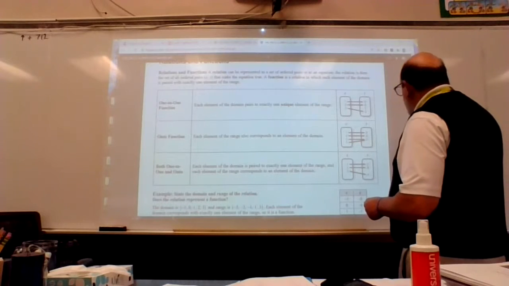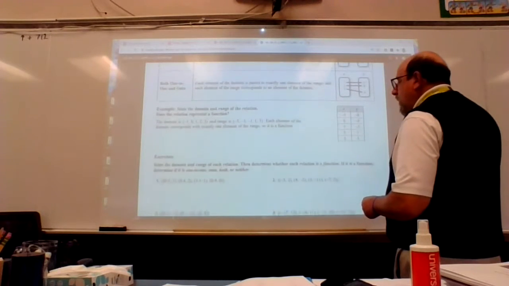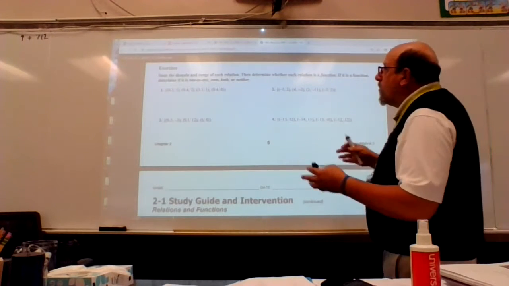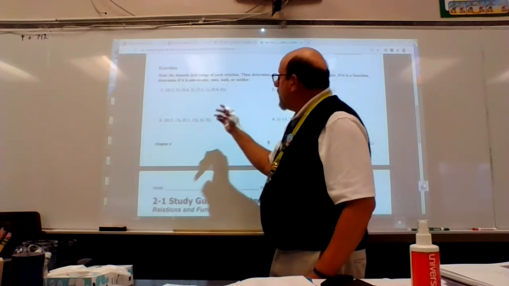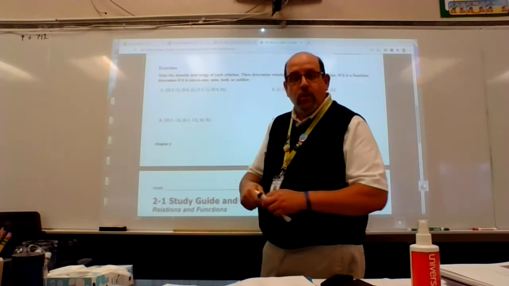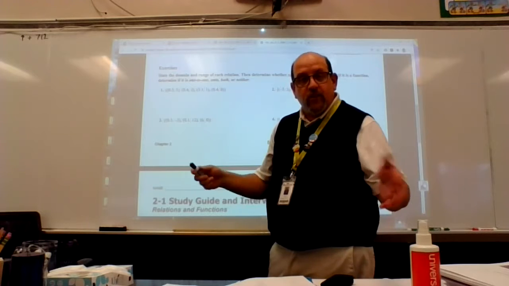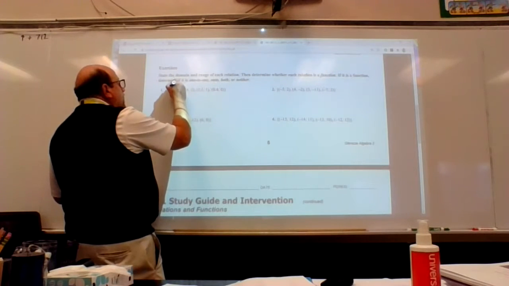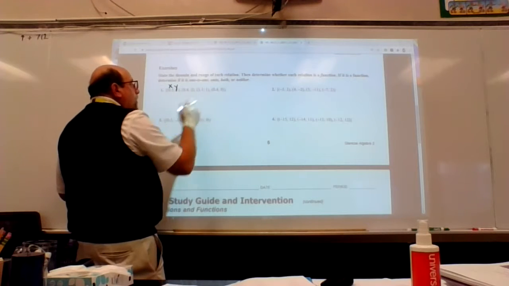I just have to shrink this down a little bit. All right. State the domain and range of each relation. The domain is a list of all the x values in our coordinate pairs. And everybody understands that a coordinate pair has both an x and a y. Here's your x, here's your y, all the way through, right?